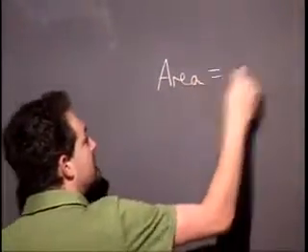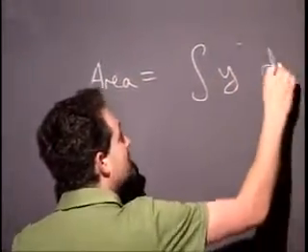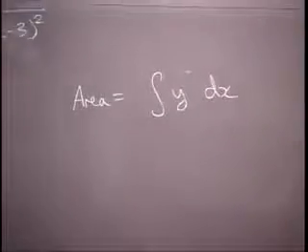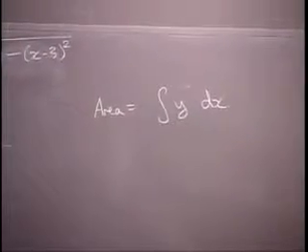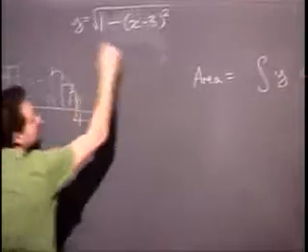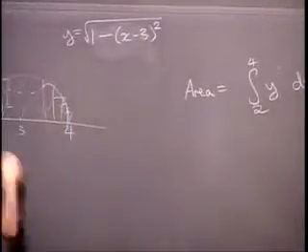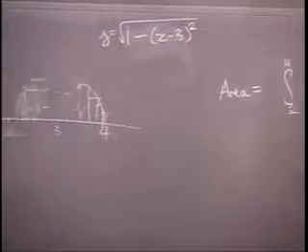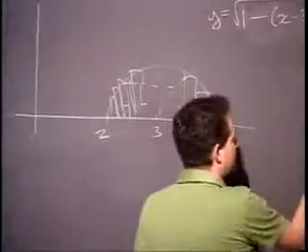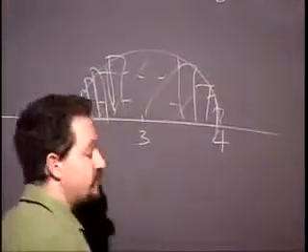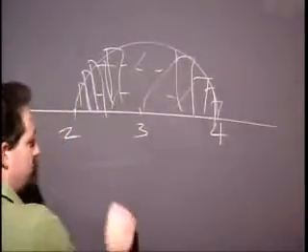Here's another way of thinking of it. The area is the integral of y dx, where y, of course, for this particular function is this, and we need to make it a definite integral, and we're going from 2 to 4. And the way I'd like you to think of that is just to focus on one strip, a generic strip.